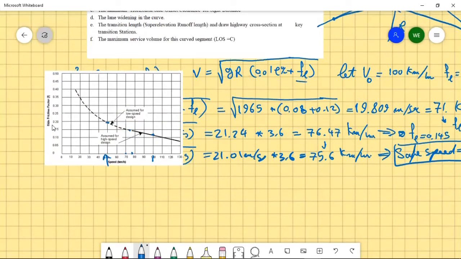So here V1 equals the square root of 1962 multiply 0.08 plus 0.19, I think 0.195 or 0.19.